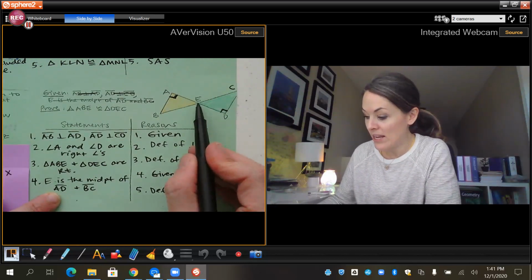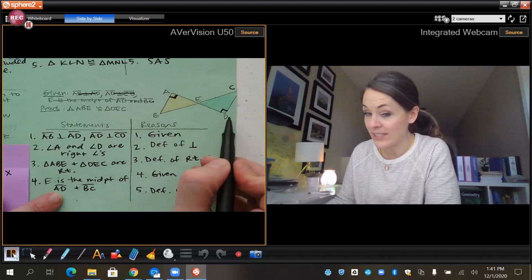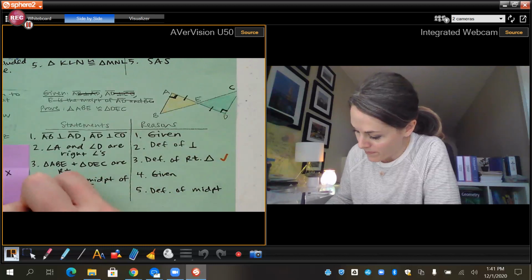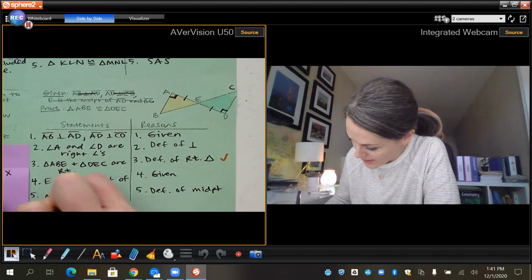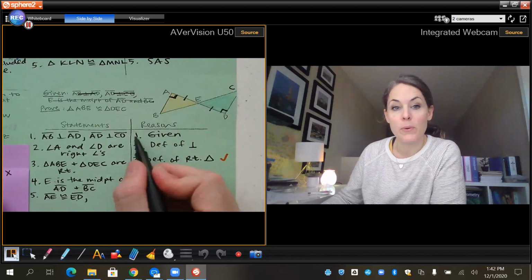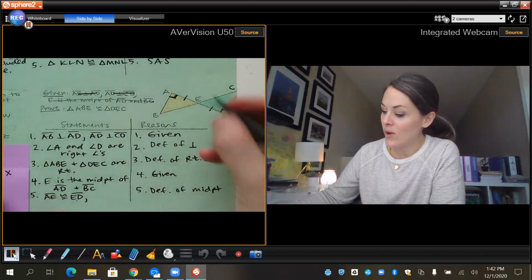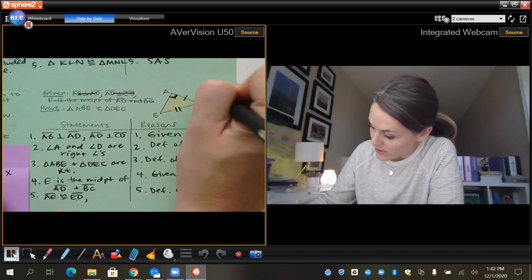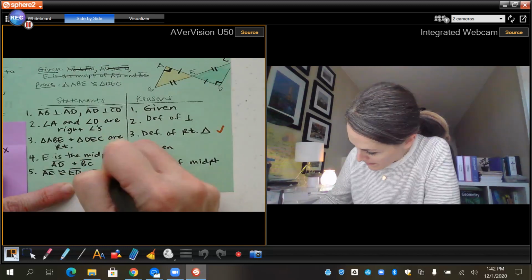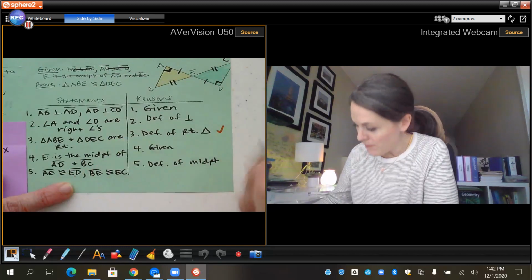So I know E is the midpoint of AD, so I could state that AE is congruent to ED. So segment AE is congruent to segment ED, comma, it's also the midpoint of BC, so I can state that BE is congruent to EC by definition of midpoint.